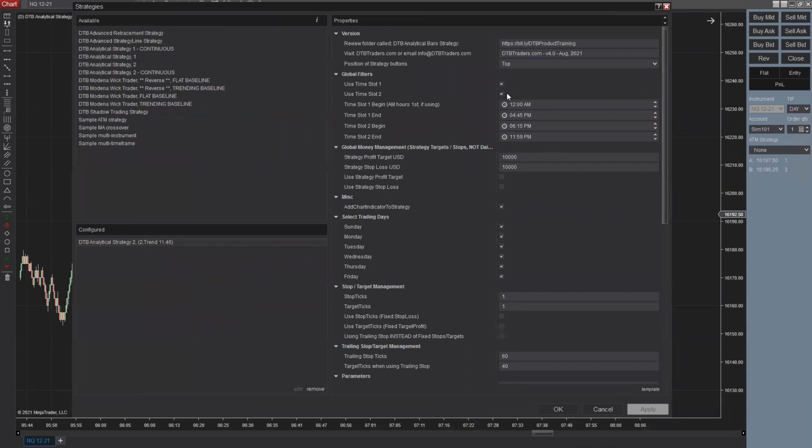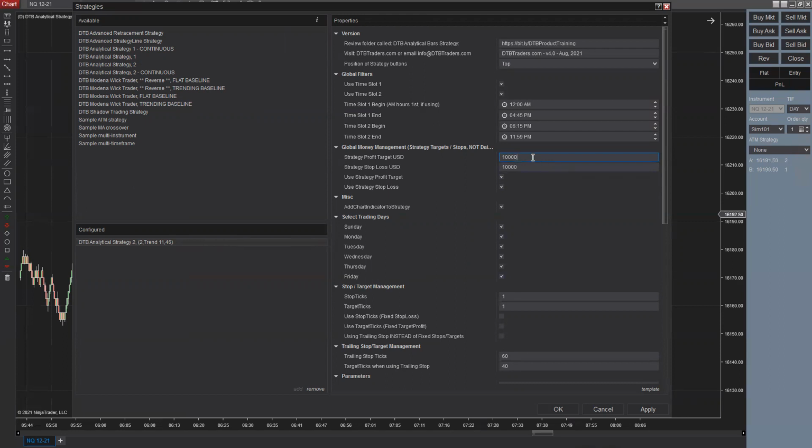So you can still select your specific hours of the day, but when you select your specific target and stop, you can use those values and the strategy will exit when one of those are hit. So it could be over one day, could be over multiple days, could be over a whole week. The strategy will trade up until one of those values are hit. So whatever value you've got in there, the strategy will pause at that specific stage.